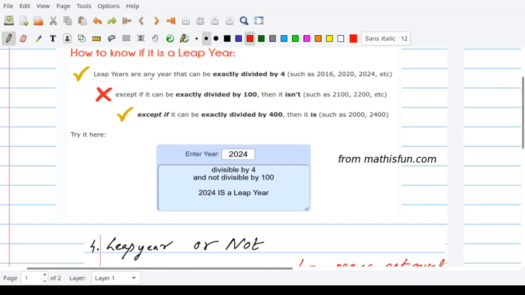Leap years are exactly those years which can be exactly divided by 4, but they are not leap years if those years can be divided by 100.